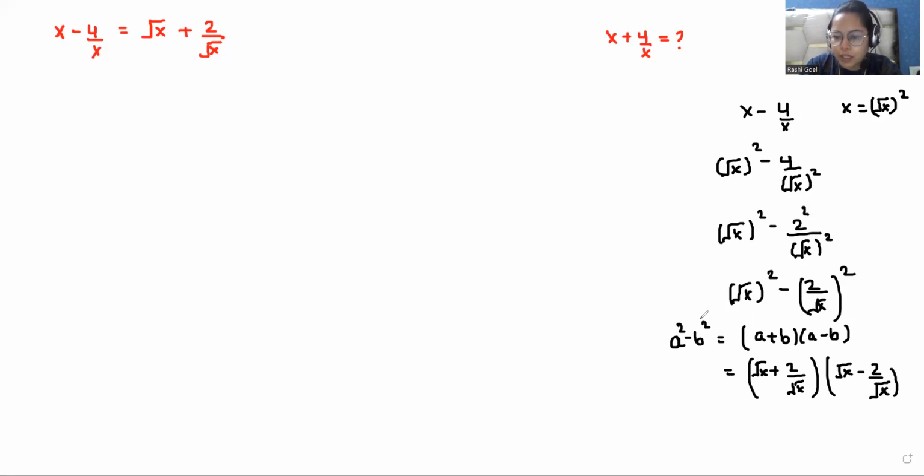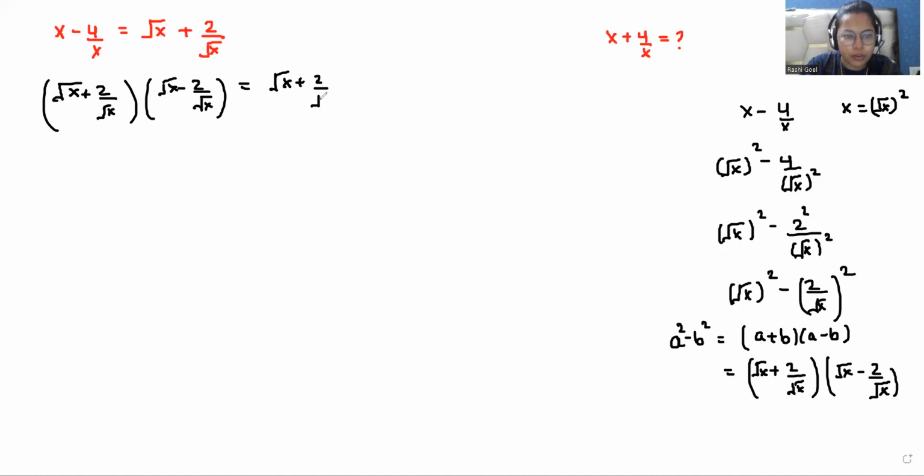So I'm going to replace the left hand side with this. So under root of x plus 2 over under root of x, times under root of x minus 2 over under root of x is equal to root x plus 2 over root x.